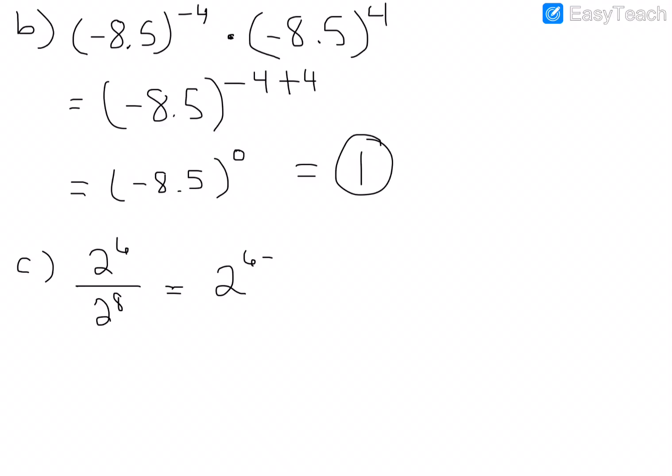So it's 2 to the power of 6 minus 8, which equals 2 to the power of negative 2. I cannot leave my answer as a negative exponent. So now I have to flip it. 2 to the power of negative 2 is the same thing as 1 over 2 squared, which is going to equal 1/4.